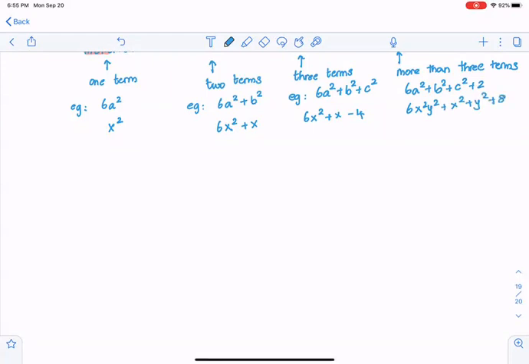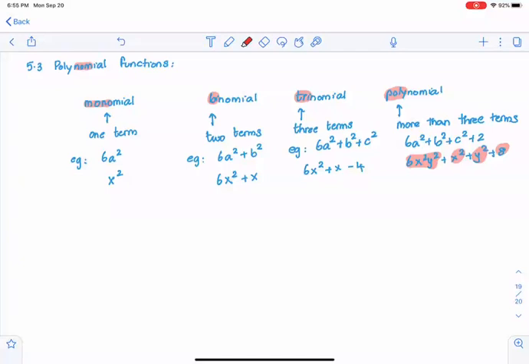It's got two variables, but it has more than three terms. So term 1, term 2, term 3, term 4, it is a polynomial. So in most cases, we are interested in polynomial functions, and even a monomial we classified under polynomial functions.